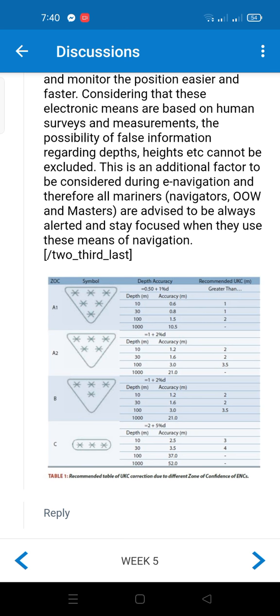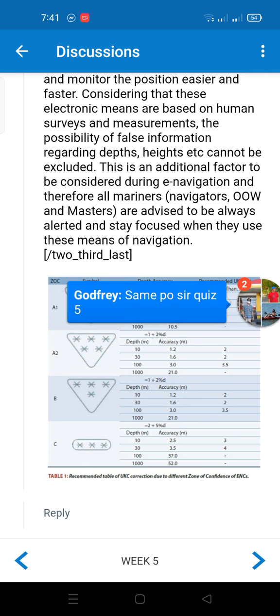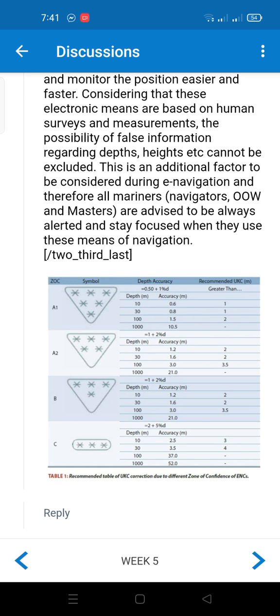And our A2 is at least UKC 2 meters, and our B 2 meters, and our C with the 3 asterisks at least have 3, at least greater than 3 meters.